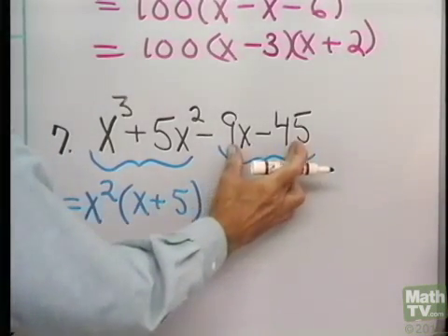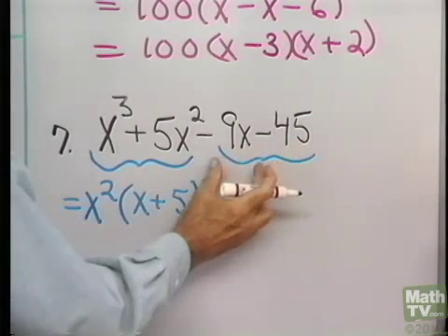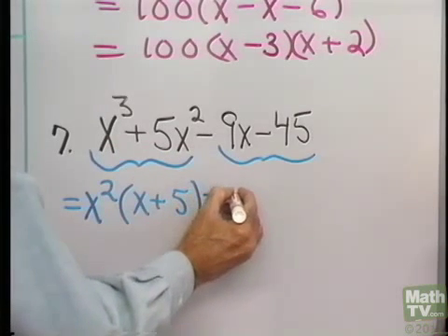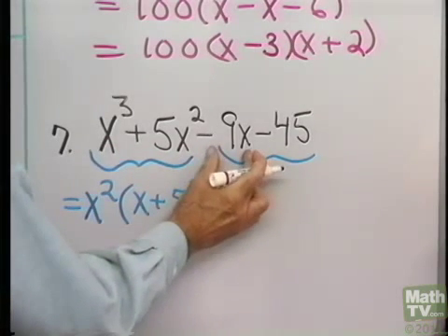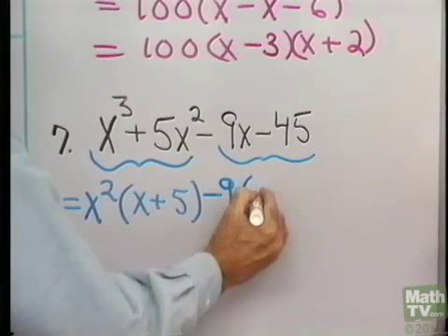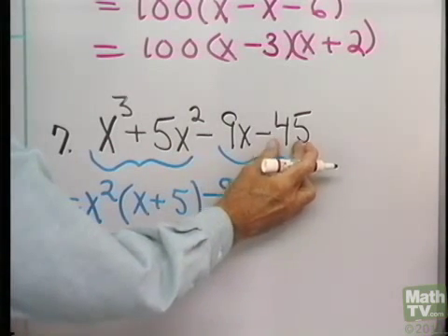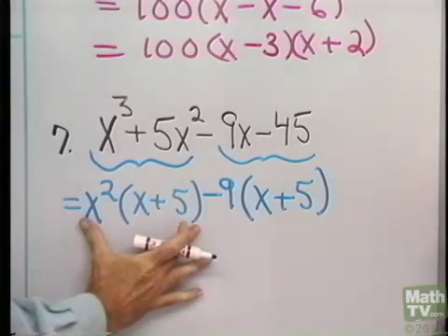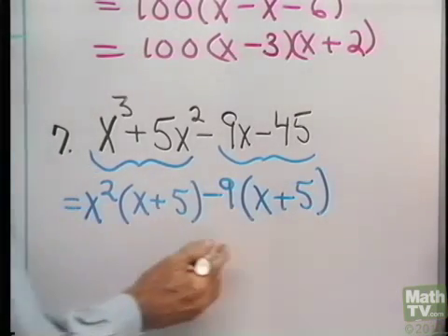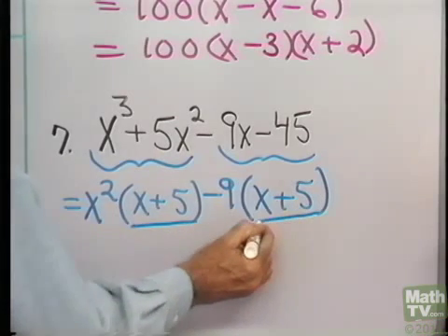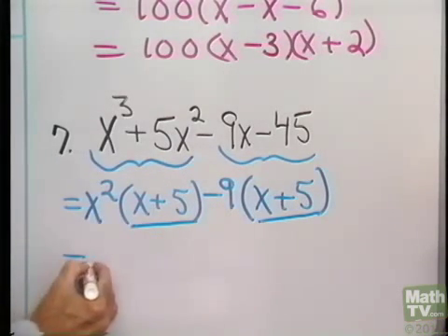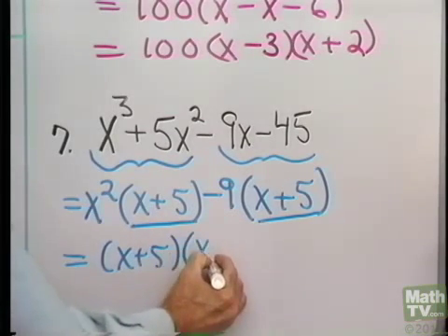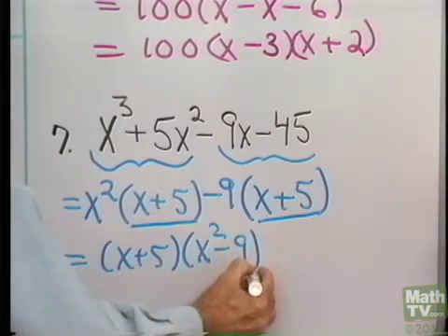If I factor out a 9, which they have in common, I'll be left with minus x minus 5. So what I'll do instead is factor out a negative 9. When I factor negative 9 from this term, what's left is x. When I factor negative 9 from this term, what's left is 5. Now I see I have two big terms, each of which has x plus 5 common. I'll factor it out, x plus 5. What's left is x squared minus 9.